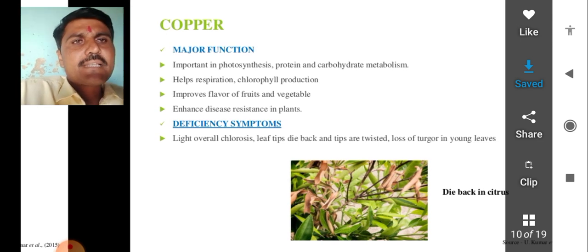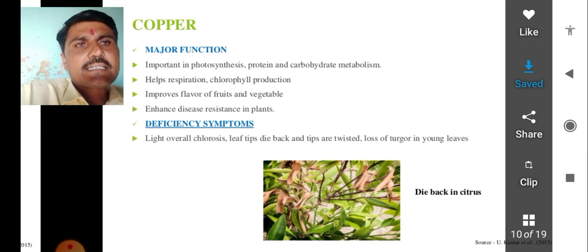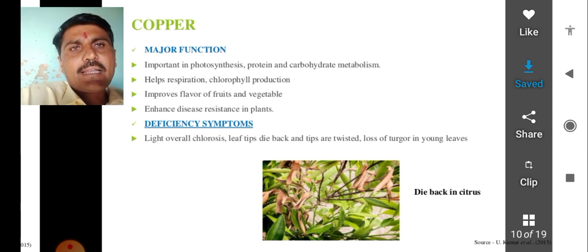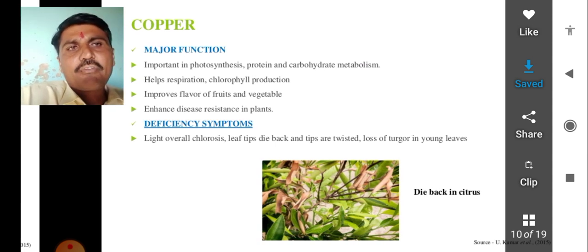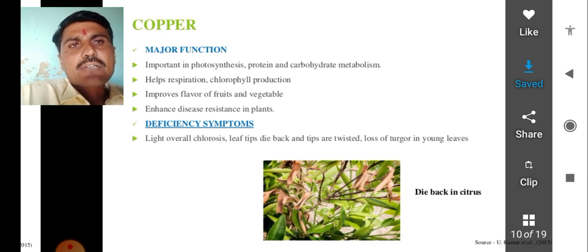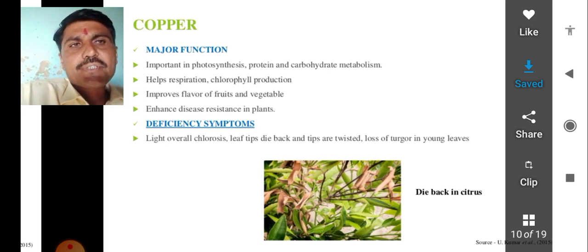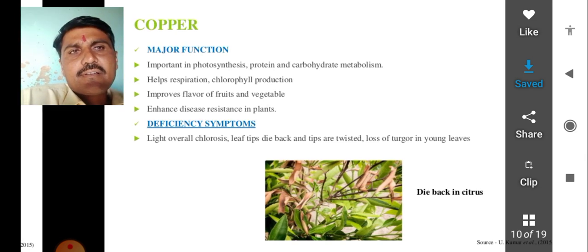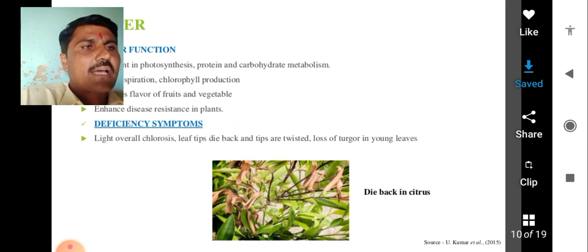Well, copper plays an important role in photosynthesis as well as in protein and carbohydrate metabolism, and it also helps in respiration and chlorophyll production, improves flavor of fruits and vegetables, and enhances disease resistance in the plants.